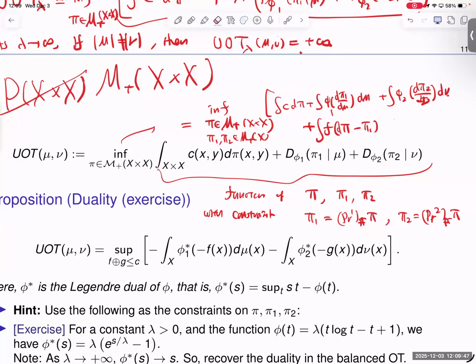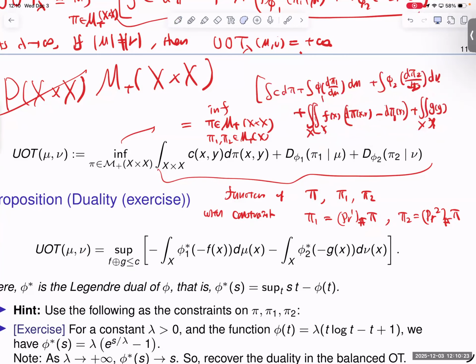Okay, what I'm saying is integral f(x) d pi(x,y) minus d pi 1 plus g(y). Oh, I don't have space.